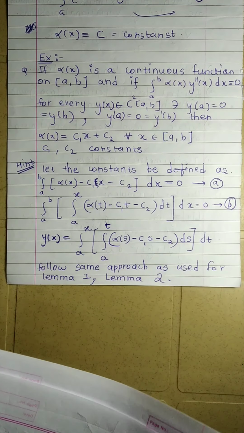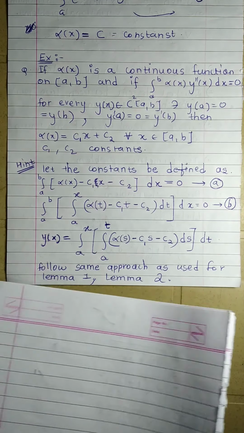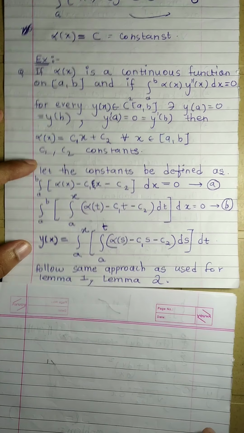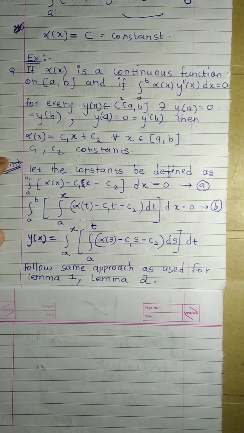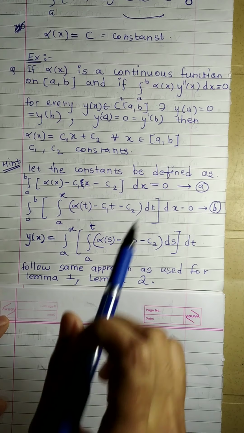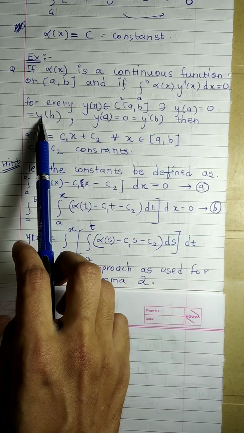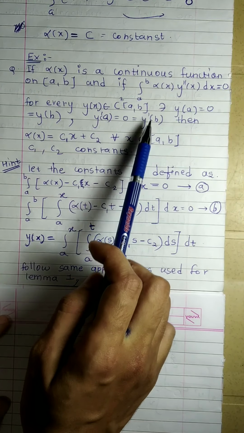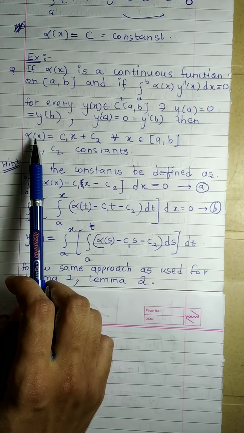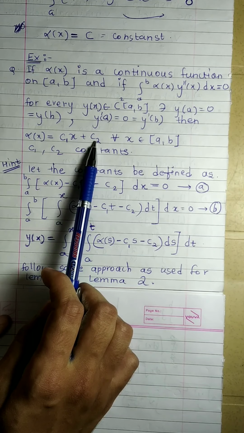If alpha of x is a continuous function on the closed interval a comma b, and if the integral from a to b of alpha of x into y double dash of x dx equals 0, then for every y of x belonging to this class such that y at a is equal to 0, which is equal to y at b, and y dash at a equal to 0 equal to y dash at b, then alpha of x is given by c1x plus c2.